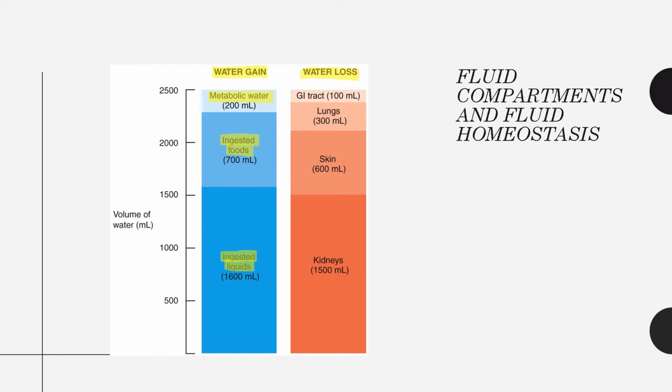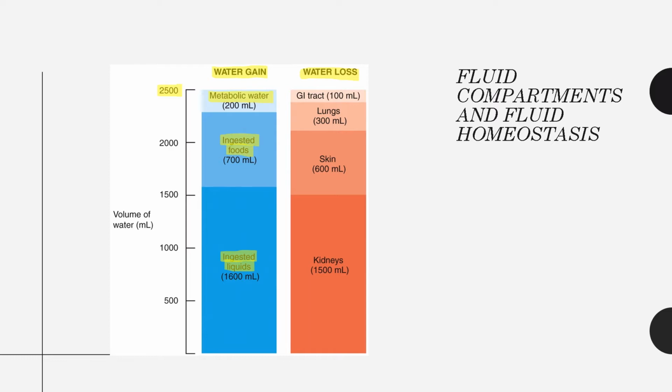To a smaller extent it is going to be produced during dehydration synthesis reactions as well, but mainly it's going to be during that aerobic respiration. And that metabolic water accounts for only about 200 mils per day. So daily water gain from these two sources, from ingestion and metabolic synthesis, totals about 2,500 mils per day.